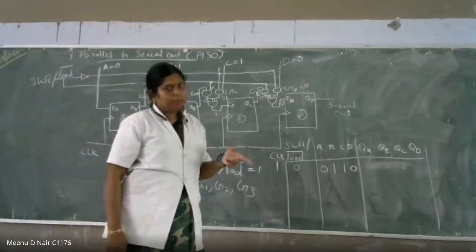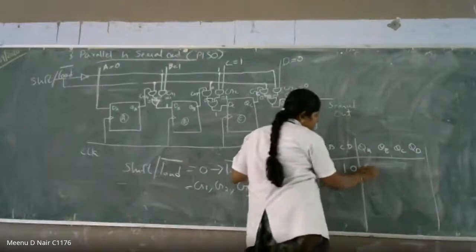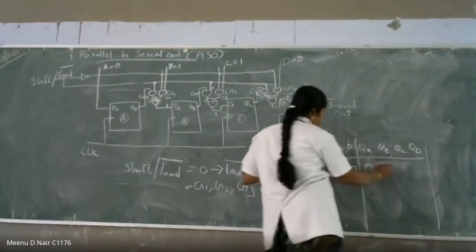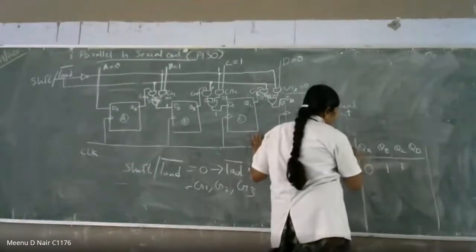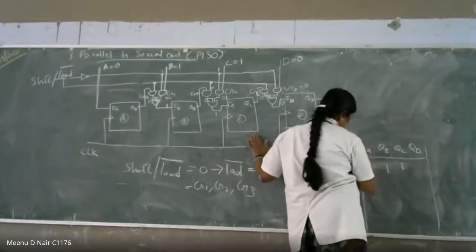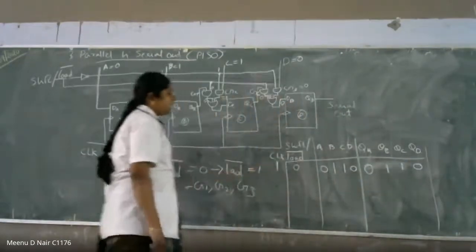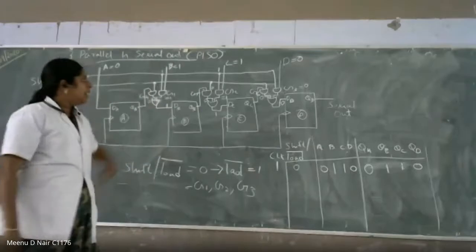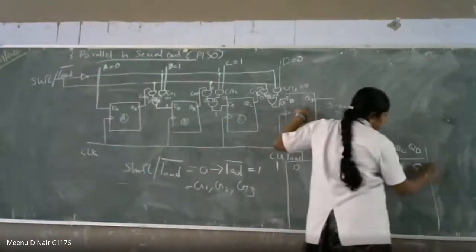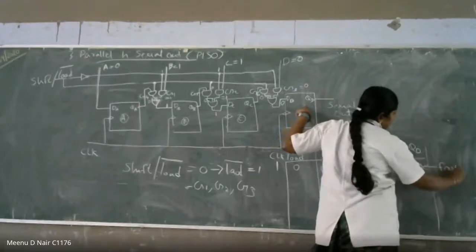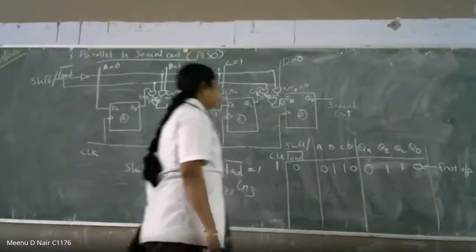It will be the same, because DA is equal to 0, so QA is 0, DB is 1, QB is 1, DC is 1, QC is 1, DD is 0, QD is 0 at the first clock pulse. This QD is your first output.